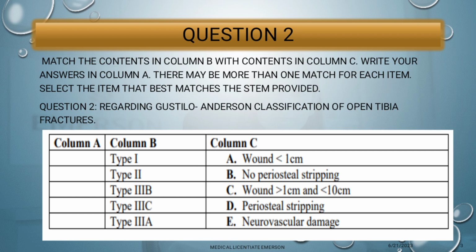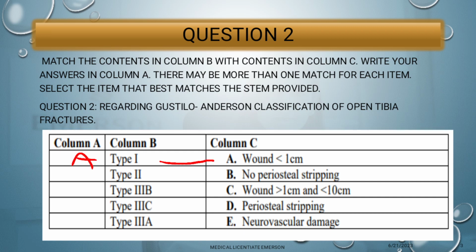Type 1, we have a wound which is just 1 centimeter. Let me write A this side, meaning this one is type 1.